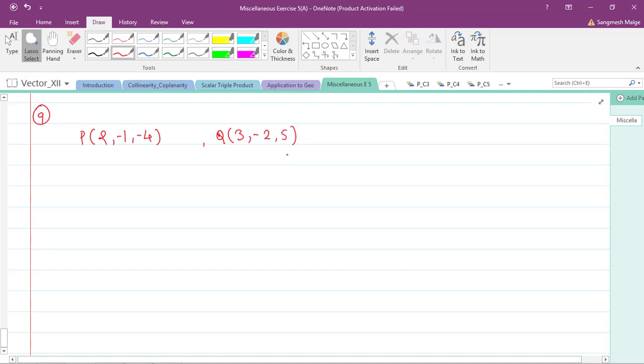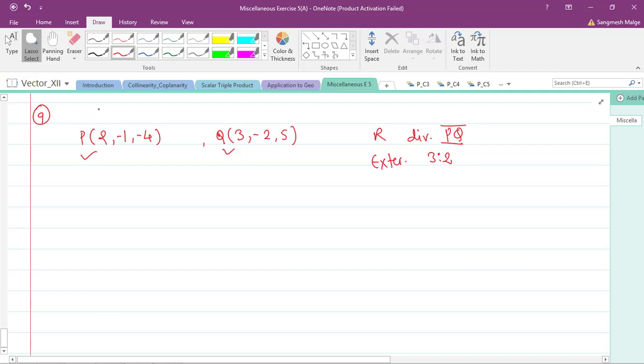We have the segment PQ and we have to find the coordinates of point R which divides the segment PQ externally in the ratio 3:2. So P is given, Q is given, and R is dividing the segment PQ externally in the ratio 3:2. Then find the coordinates of R.